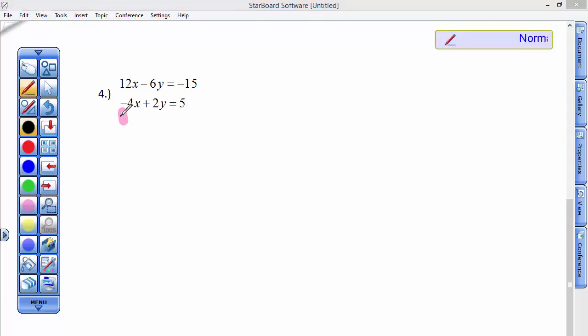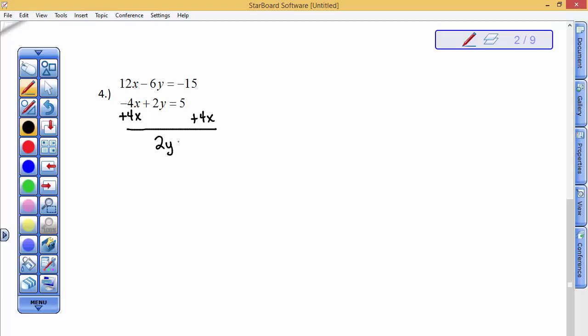So I will have 2y equals, if you don't mind, I'm going to put the 4x first and then the 5. And now I'm going to divide both sides by 2 to isolate the letter y. Now, I got to tell you, 4 divided by 2 is no problem. But 5 divided by 2, which is 2.5, I don't particularly care for using substitution for this one, but it's not all that bad.